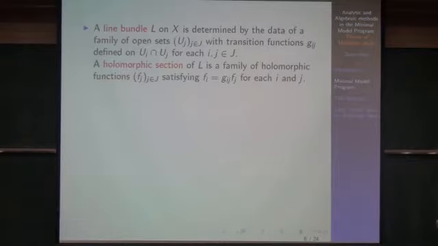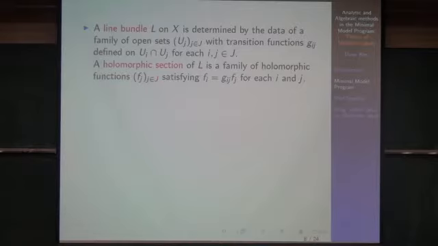Okay, so we just talked about this canonical line bundle, and more generally, a line bundle L is something determined by the data of transition functions. Of course, a line bundle is the special case of a vector bundle whose rank is 1, but a convenient way to think of a line bundle is that it's given by transition functions Gij when you fix an open covering Uj.